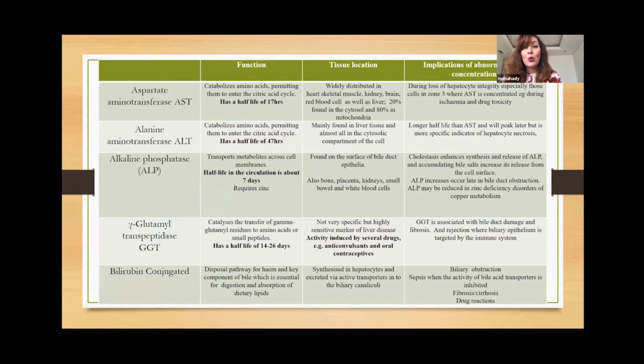Its activity is also influenced by other drugs, so it can be elevated in children using anticonvulsants or oral contraceptives. And finally, for bilirubin, we look at the conjugated fraction because it's another indication of biliary obstruction, but also a very good marker in cases of fibrosis, cirrhosis, and sepsis.